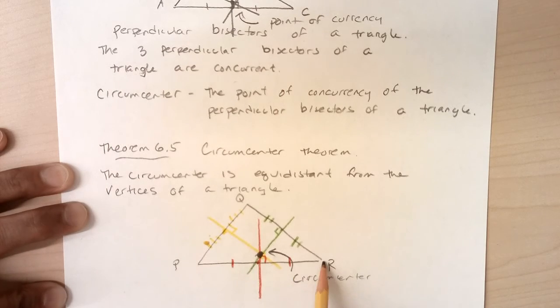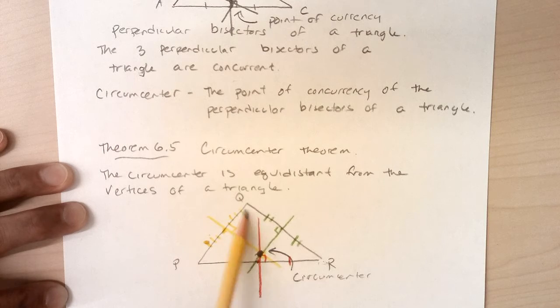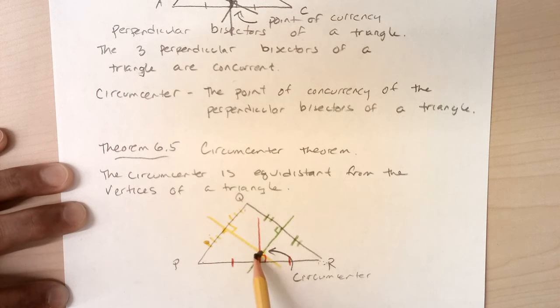For side PR, if I think about that as a segment, but ignore QR and QP right now, this point is equidistant from the two endpoints. So these two distances would be the same. The circumcenter is also on the perpendicular bisector of side QR.